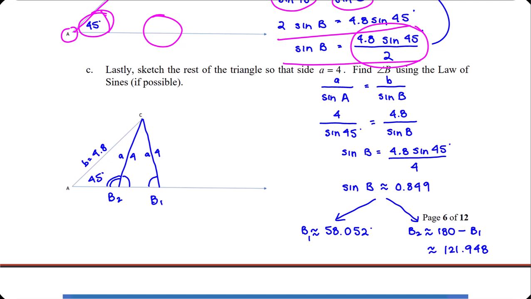But if we're given an angle and 2 sides, side-side-angle in geometry did not exist, because given 2 sides and an angle not included does not give you a unique triangle. Things can happen, and that's what happens in C. Notice that they want the side opposite 45 degrees to be 4.